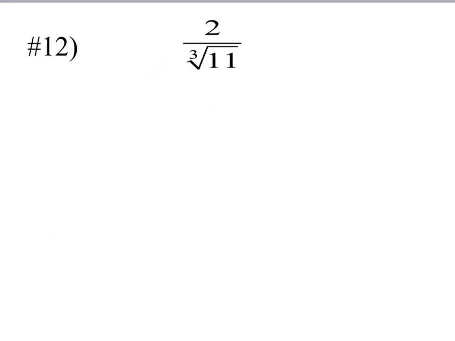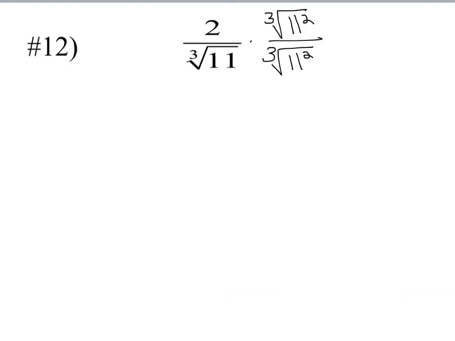Okay, now I've got 2 over the cube root of 11. So I'm going to multiply by the cube root of 11 squared. In order to get a cube root to cancel, I need there to be 3 11s. So 3 radicands.